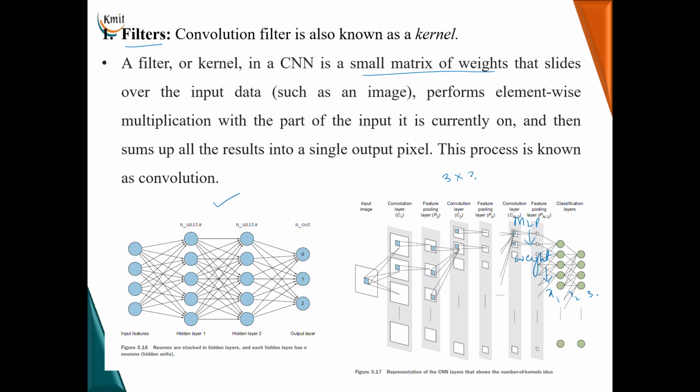For example, if I have a 3 by 3 kernel in the convolutional layer, that means I will have 9 units in the convolutional layer. If I have 2 3 by 3 kernels, then I will have 18 units and so on. So increasing the number of filters will increase the depth of our convolutional neural network, but it will make the network more complex.